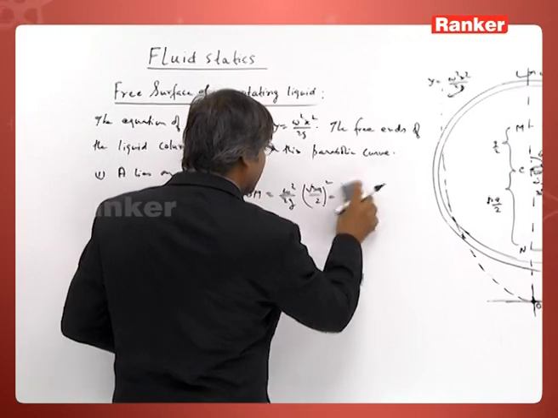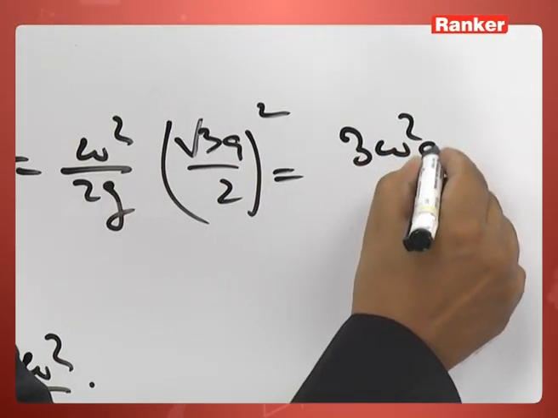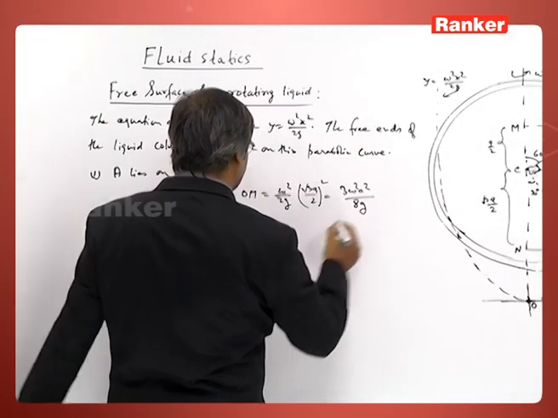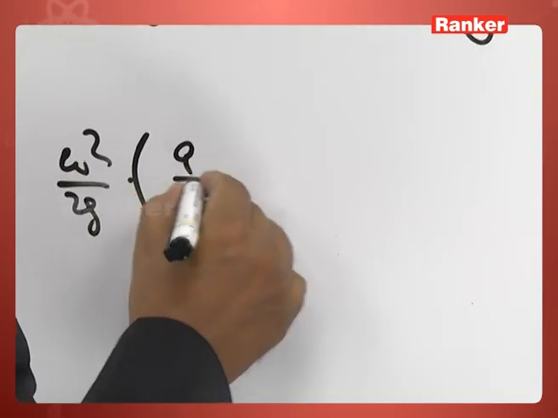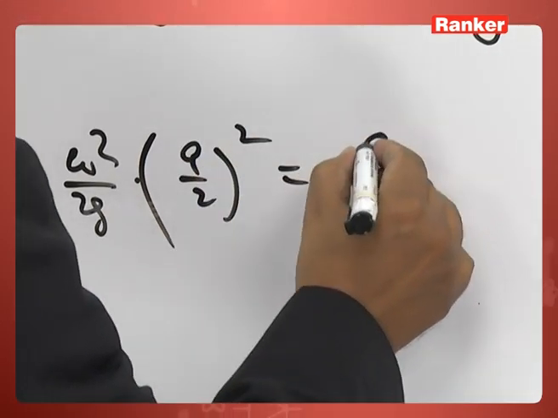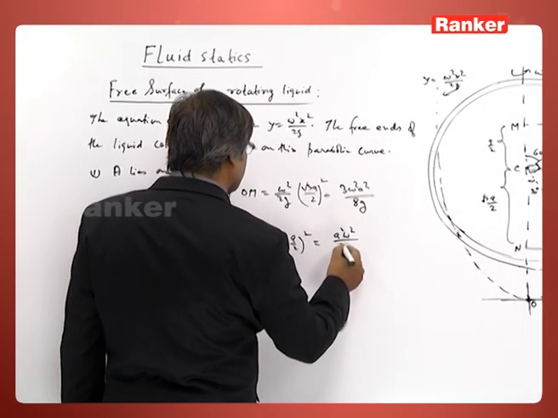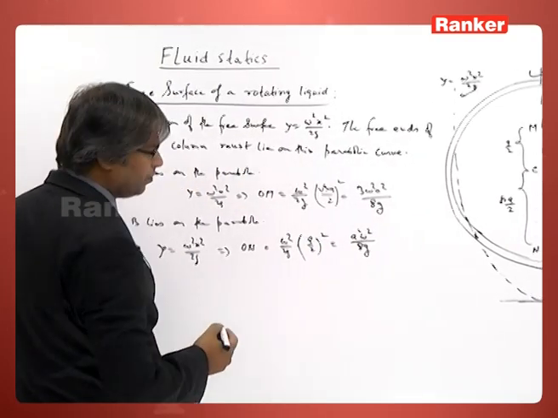So, here for A it will be 3a square, so 3 omega square a square by 2 into 4, that is 8g. Here again x square, x means a by 2 whole square, that is a square omega square by 4 into 2, that is 8g.